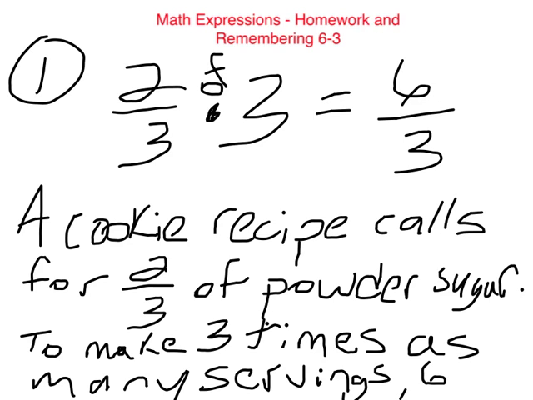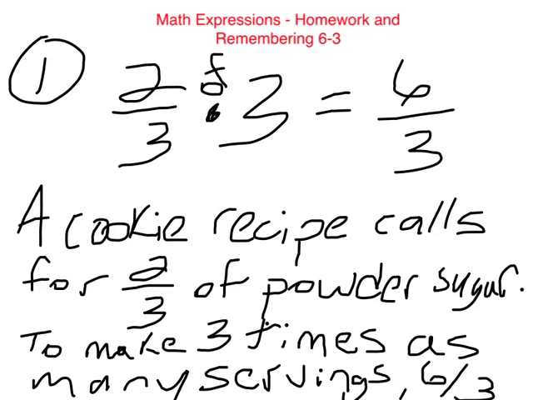And then I'm going to put 6/3 is needed. I kind of ran out of space there, but what my word problem would say in all is a cookie recipe calls for 2/3 of powdered sugar. To make 3 times as many servings, using the product, 6/3 cups would be needed.